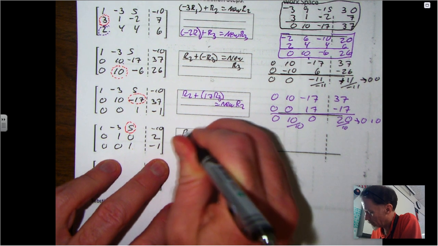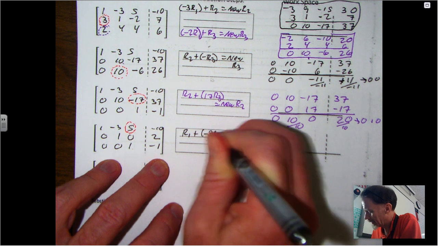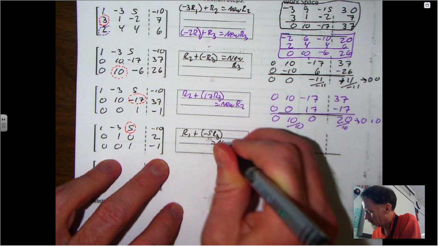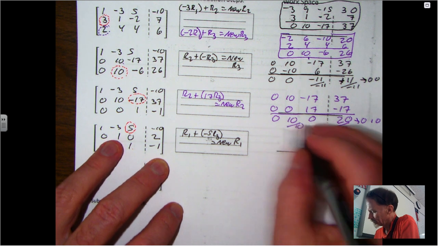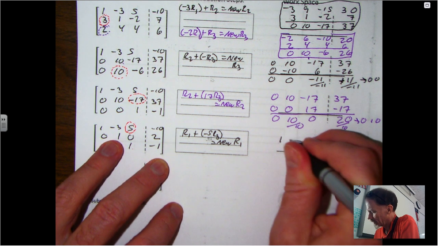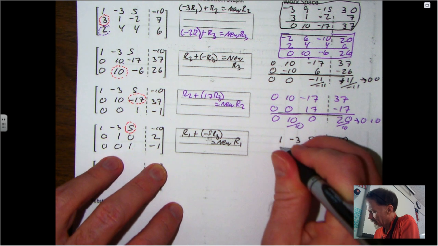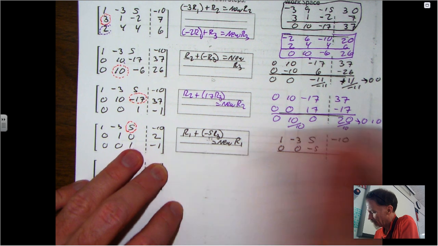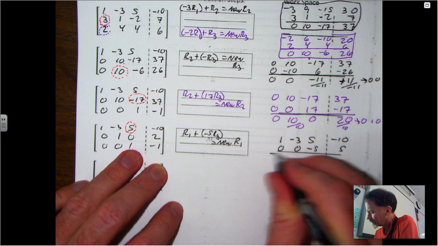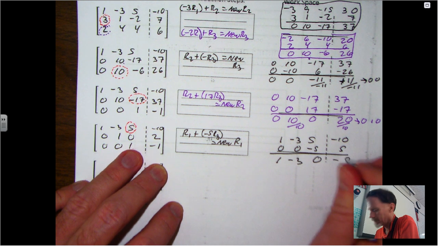So it's going to be R1 plus a negative 5 R3, and that'll be my new row 1. So there we go. 1, negative 3, 5, negative 10, 0, 0, negative 5, and positive 5. 1, negative 3, 0, negative 5.